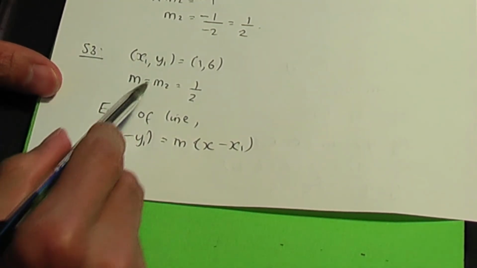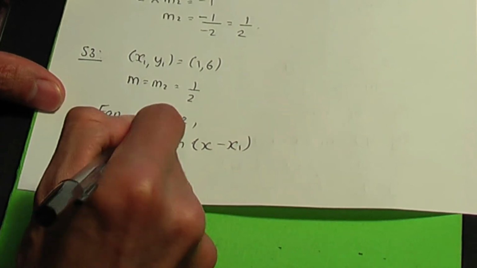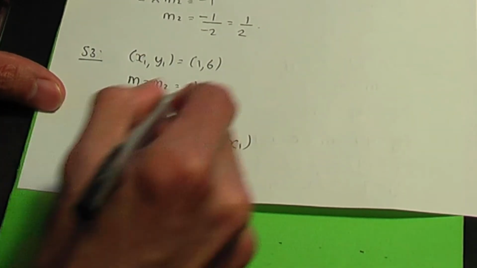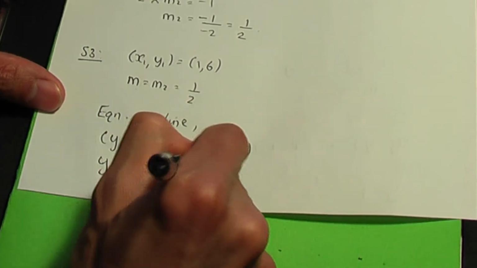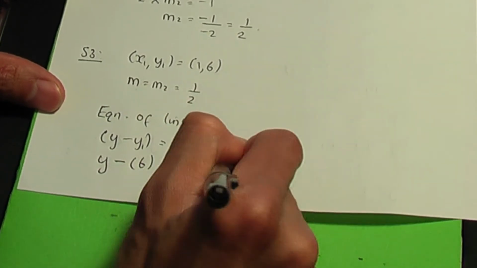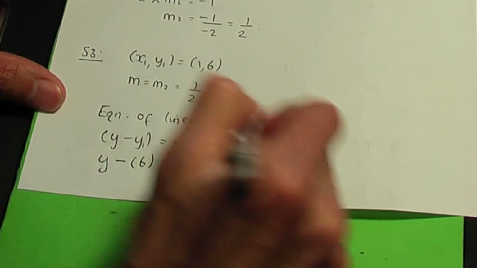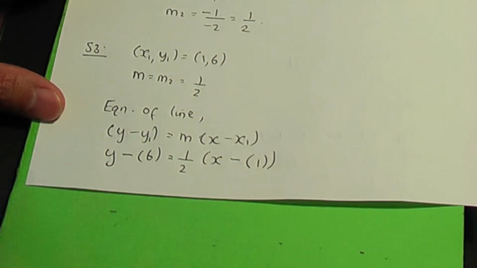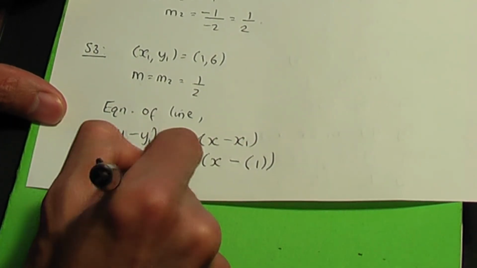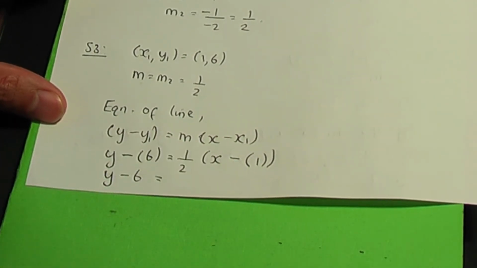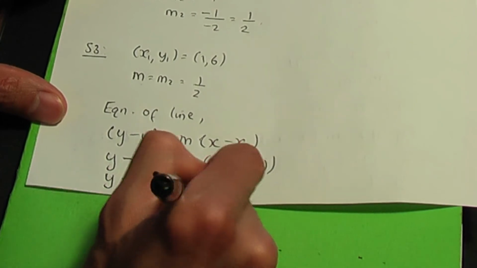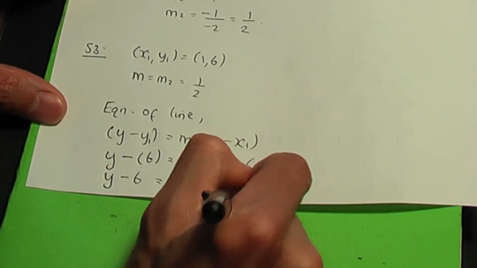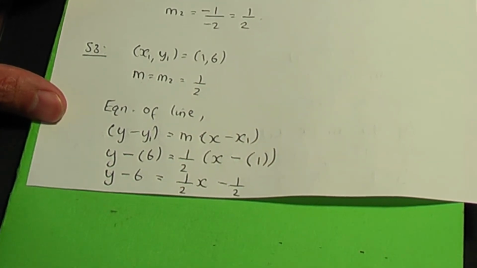And if I substitute the data, y minus y1 is 6, that is equal to m, which is half, open a bracket, x minus, and x1 is 1. Now if I open up the brackets, we're going to have y minus 6 equal to half times x is half x, half times minus 1 is minus half.